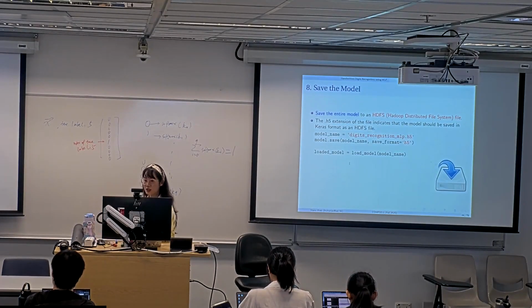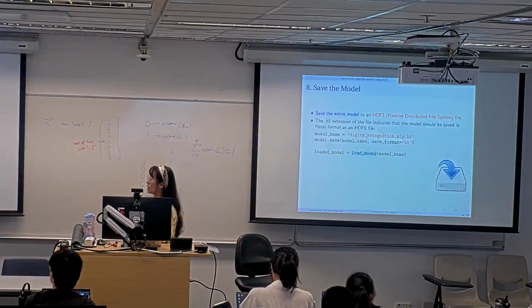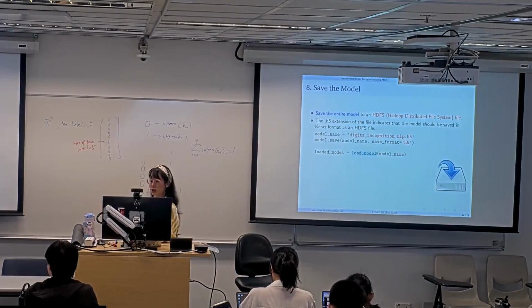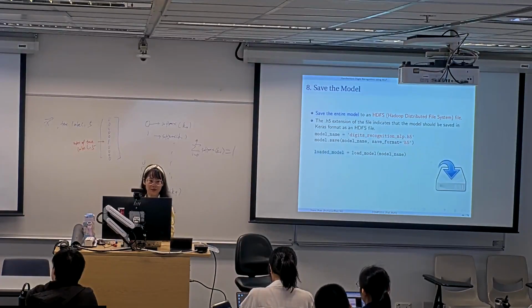After that, you can reload your model to use it. This is how we do that. The loaded model is just load_model with the model name. load_model is a function we already imported during step 1. Now you have retrieved the model you previously saved into this loaded model.